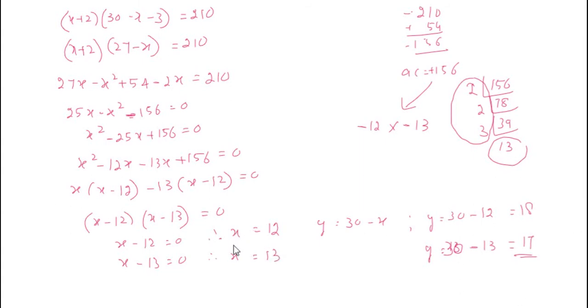That means in this case maths marks is either 12, when it is 12, English marks is 18, or maths marks is 13. If maths marks is 13, then English marks is 17. There are two sets of answers for this question.